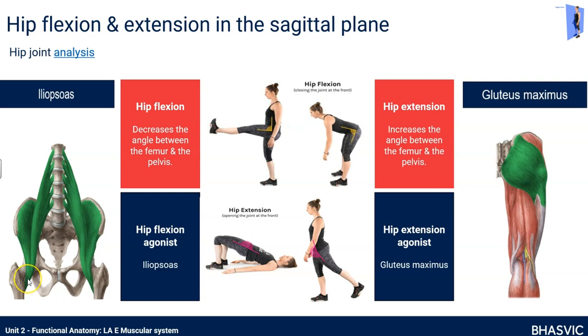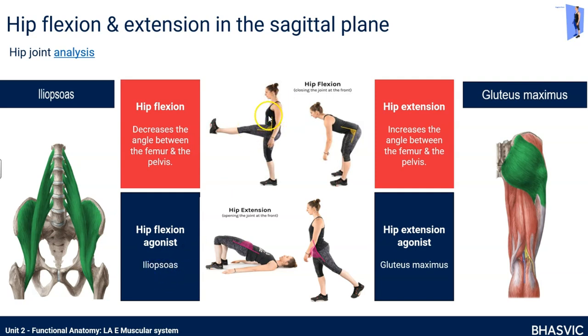I would suggest you remember it as ilio-psoas so you get the spelling right. It connects to your vertebral column, your pelvis, and your femur, so it pulls your femur up or pulls your trunk down. So the hip flexor muscle is iliopsoas.